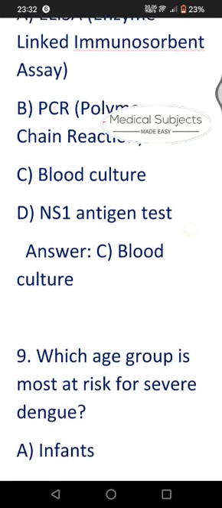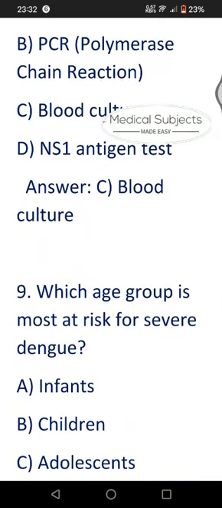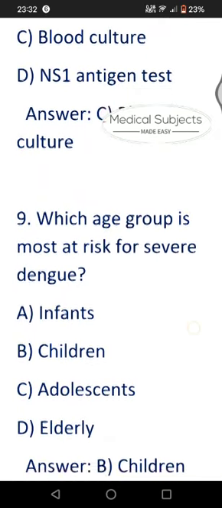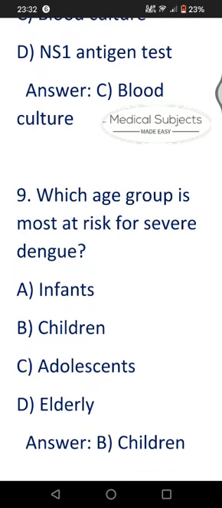Which age group is most at risk for severe dengue? Infants, children, adolescents, and elderly. It is the children. The 15 to 20 age group is also reported in one of the studies, but children are the most affected because they have exposed body parts.